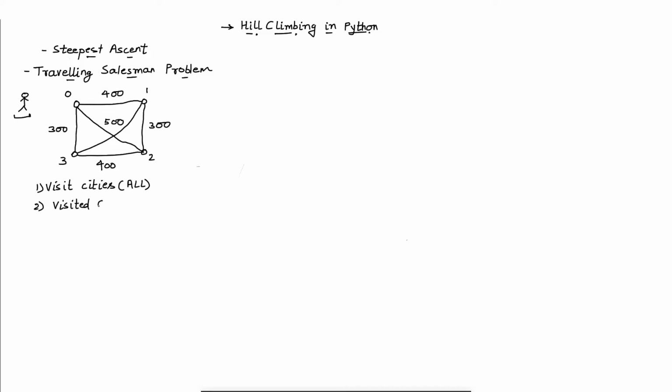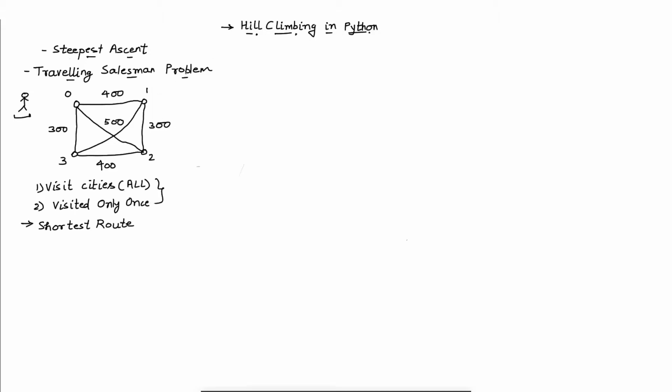So the salesman has to visit all the cities in a fashion that he is not visiting a city twice. What the problem says is that we want to find the shortest path, or you can say the shortest route, to satisfy these 2 constraints. So that is the problem.